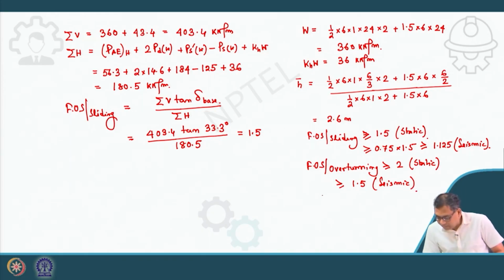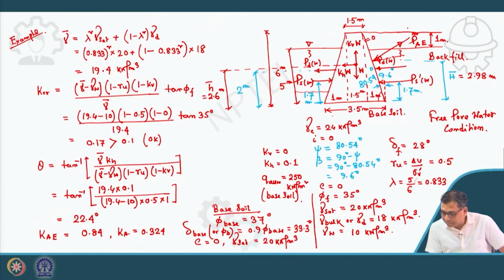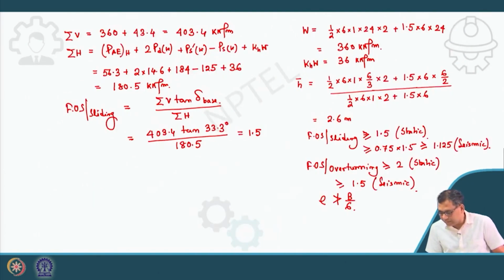Now here the eccentricity of the loading, e, should not be greater than B by 6, where B is the width or base of the wall. That also you have to check. So we have to do three checks, 1, 2, 3. This is to generate a no tension zone.